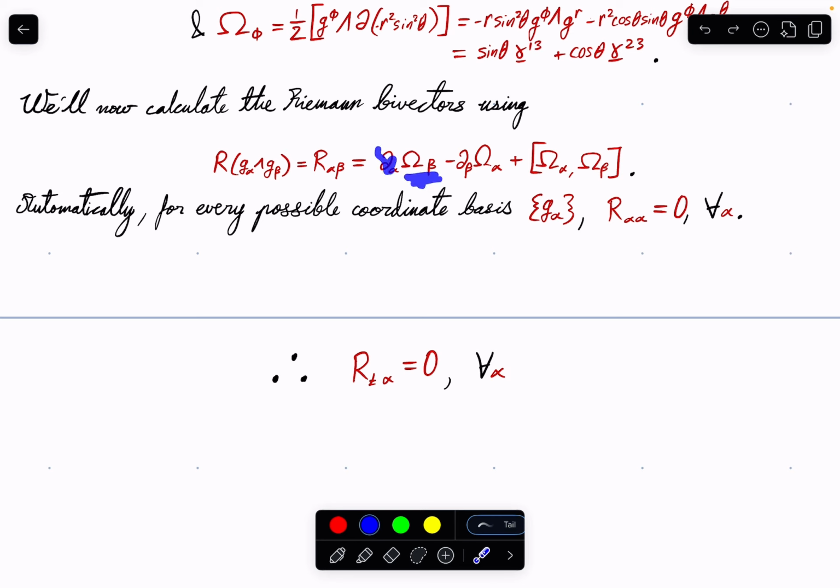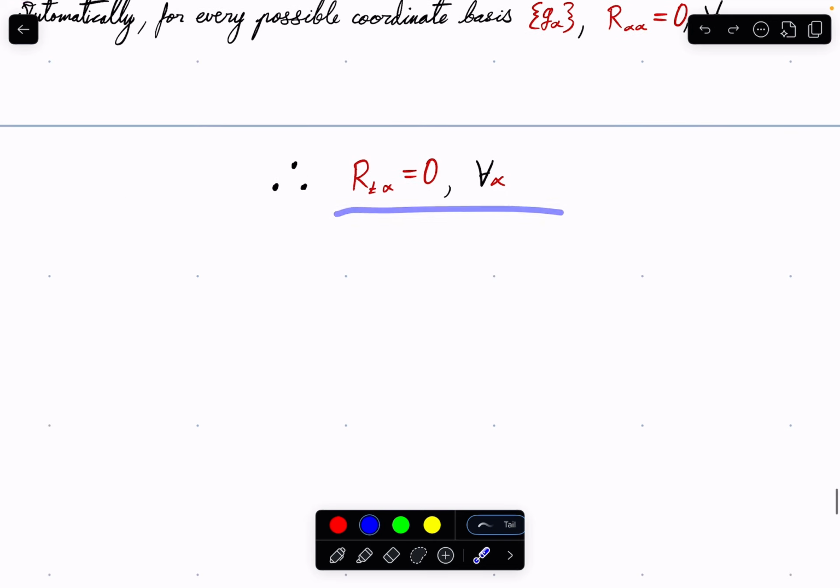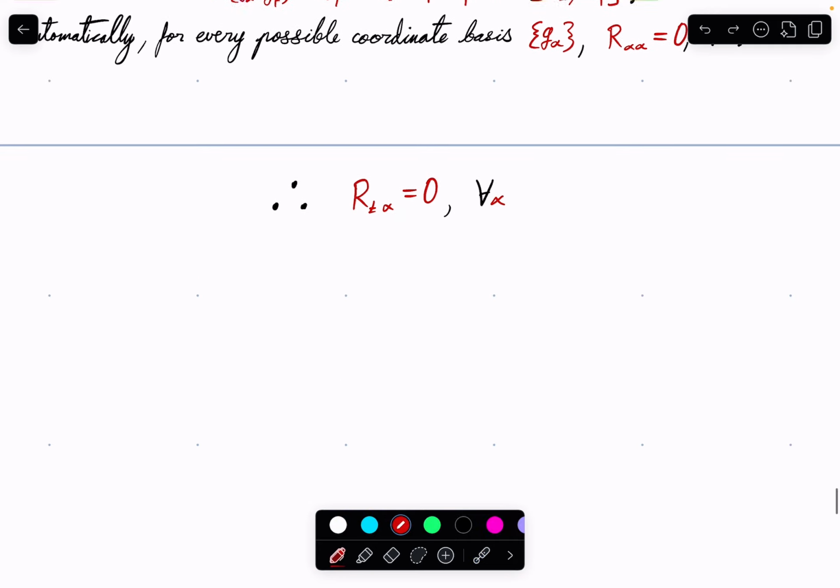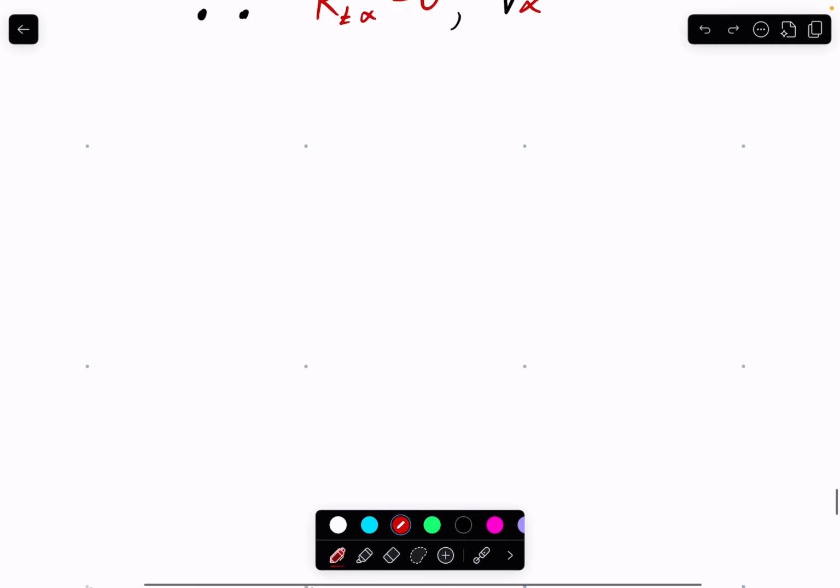So if we take the time derivative of it, it goes to 0. And then the connection bivector for time is also 0, which means that these two things vanish. So for all indices, the time-like Riemann bivectors vanish.